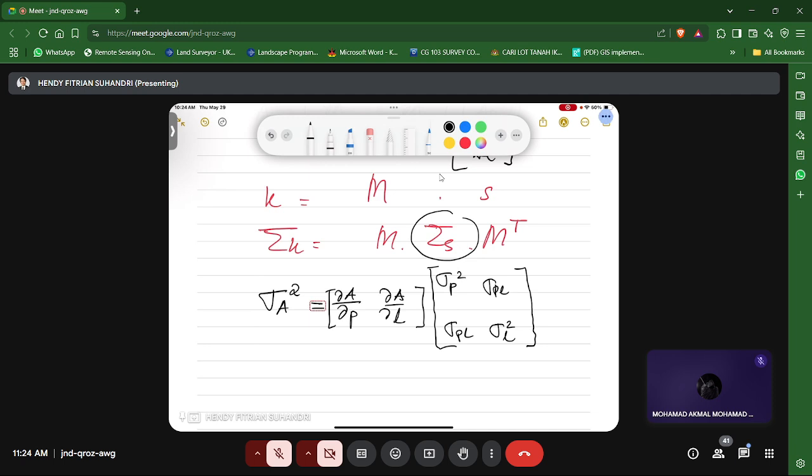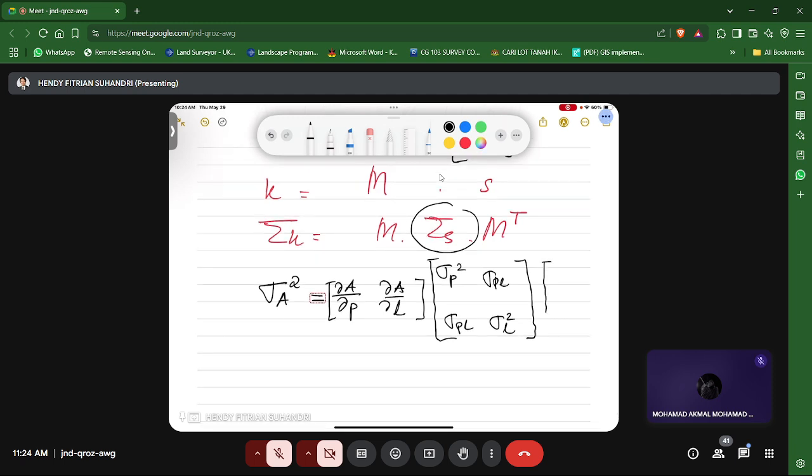And I have M transpose, which is dou A over dou P, dou A over dou L. Now, let's check the matrix dimensions. It's 1 by 2, then 2 by 2 and 2 by 1. So the inner 2s match, and we are left with 1 by 1. It must be a scalar at the end.